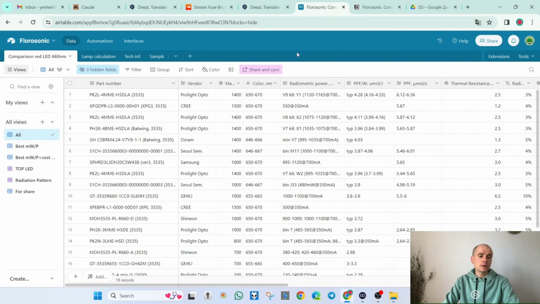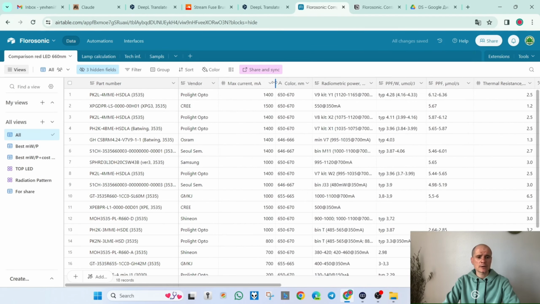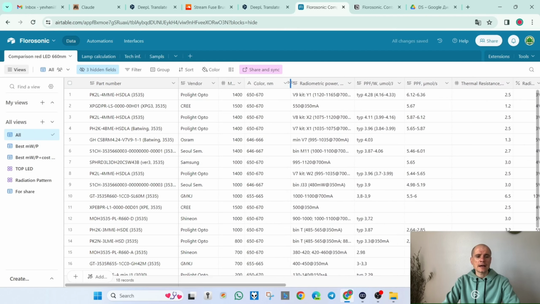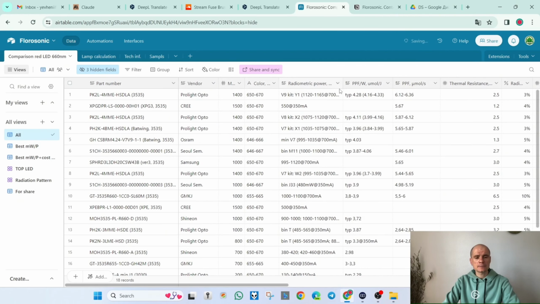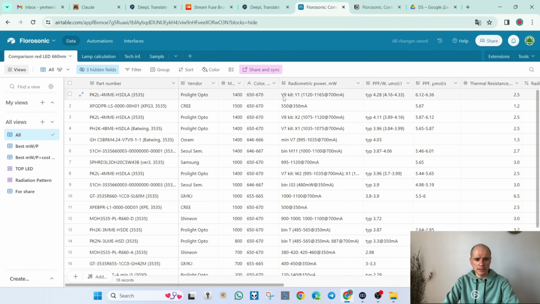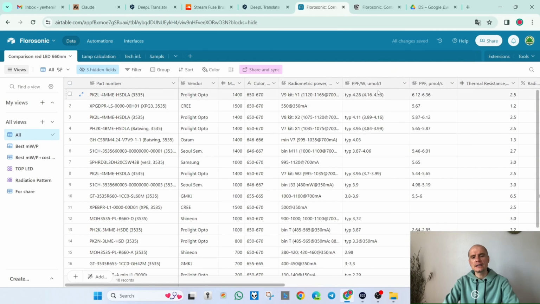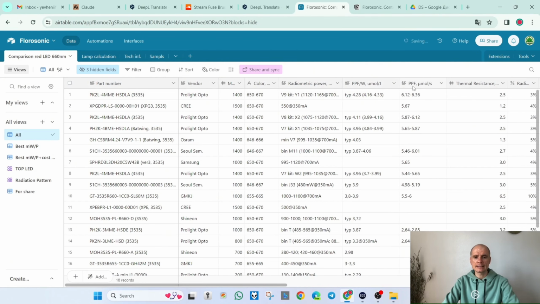In this table I collected all the main part numbers of red LEDs and the main parameters that I compared. The first field is the part number, the second field is the name of the vendor, the next field is the max current in milliamperes, next is the color in nanometers, next is the radiometric power in milliwatts and bins of radiometric power, next is PPF per watt in micromole per joule, and next is PPF in micromole per second.